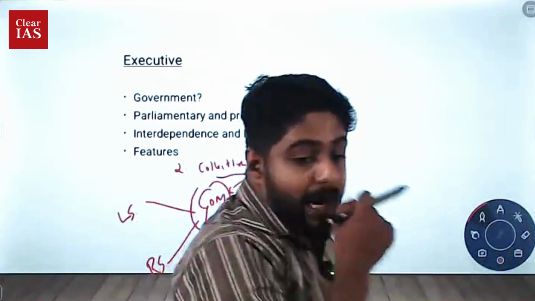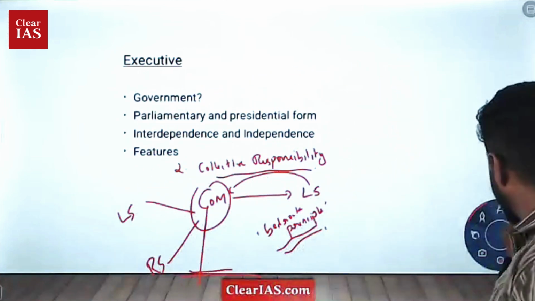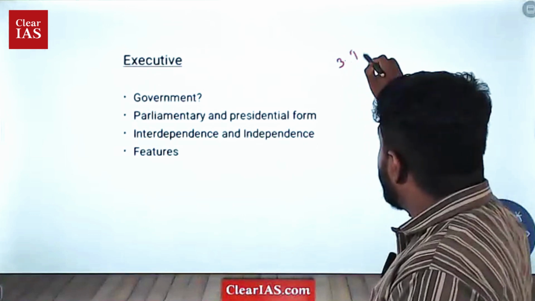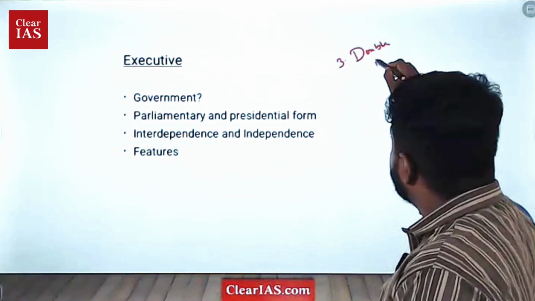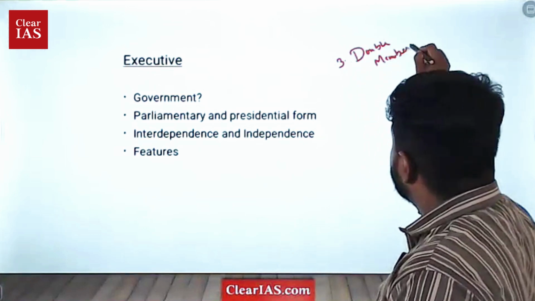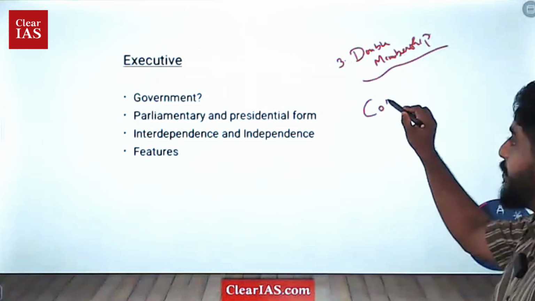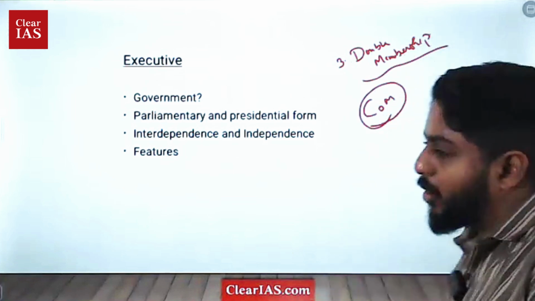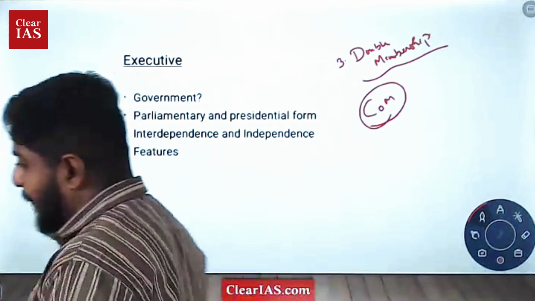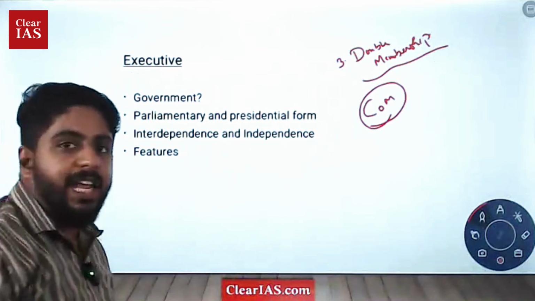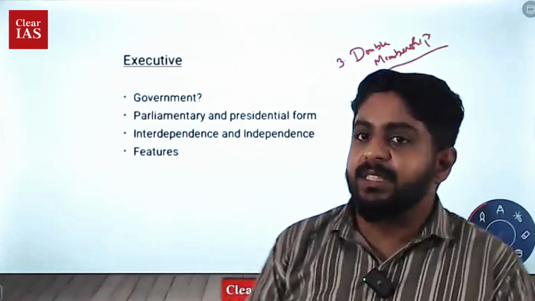Got it? Now, the third feature is double membership. What do you mean by double membership? Sir, the real executive authority is the Council of Ministers. In the parliamentary form of government, the real authority lies with the Council of Ministers.